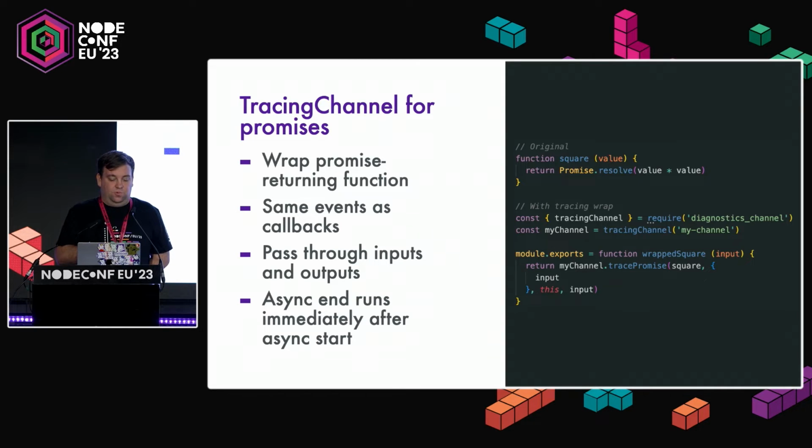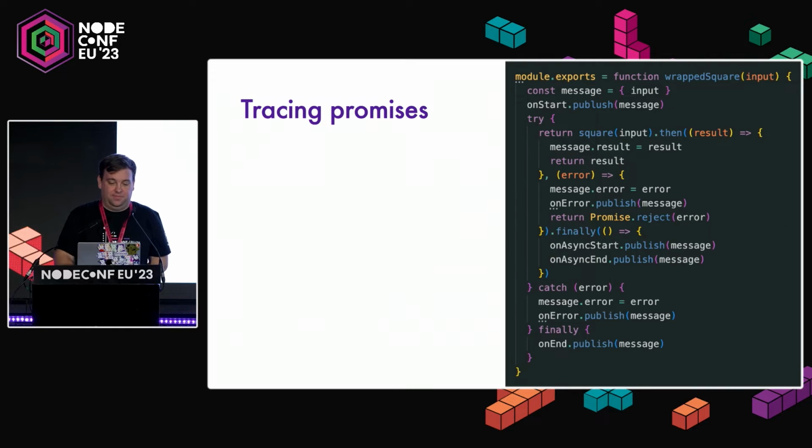The one thing that is a little bit weird is the async end runs immediately after the async start, and this is because promises are infinitely chainable, and so there's not really an end to them. So there's not really a good place that we can decide, like, here's the async start and then a bunch of stuff, and then async end, where does it go? Somewhere. So yeah, it just runs immediately.